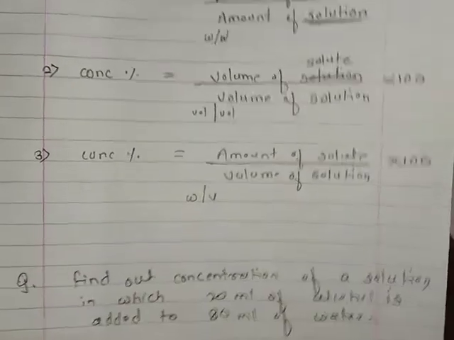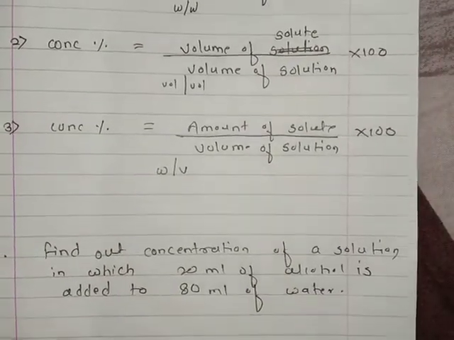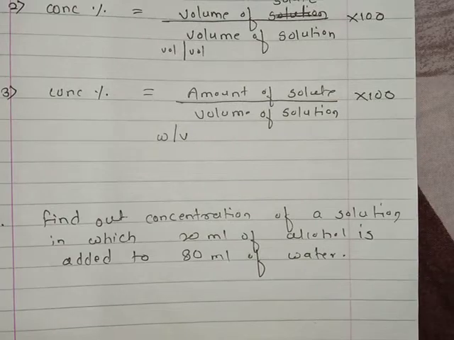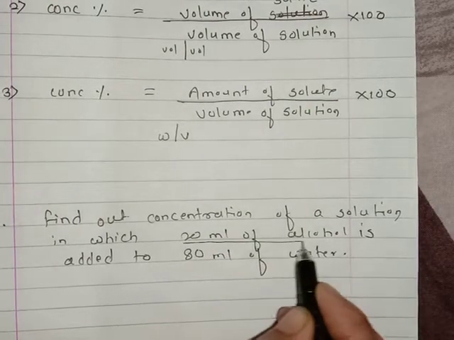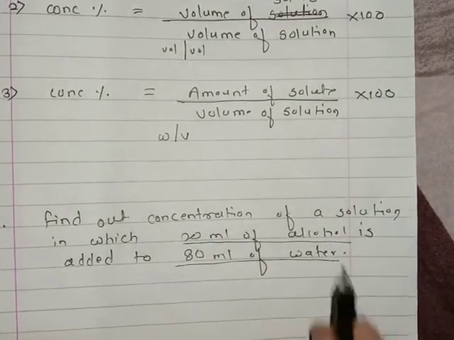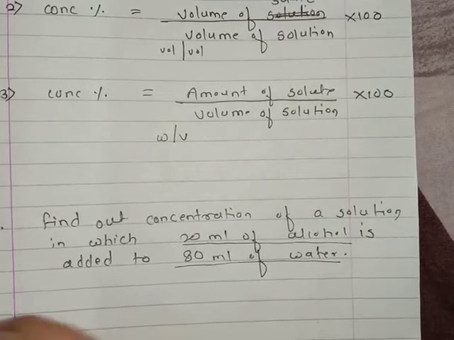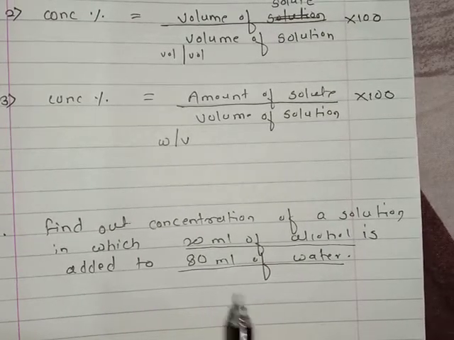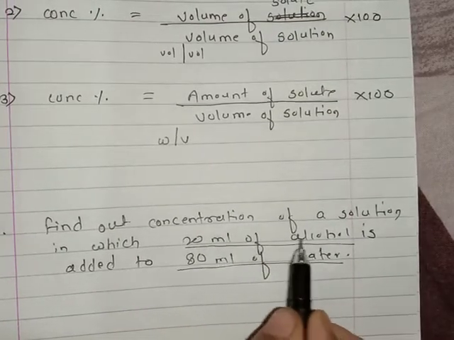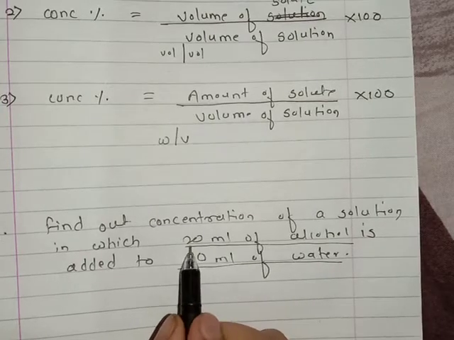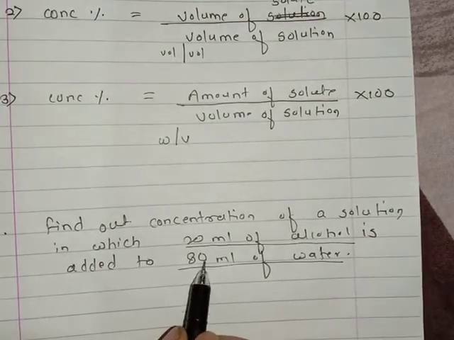Okay children, in this question you have to find out the concentration of solution where the amount of solute and the amount of solvent is given. Now what is the solute, which is present in small quantity? So alcohol is the solute here, whose value is 20 ml, and water is the solvent.